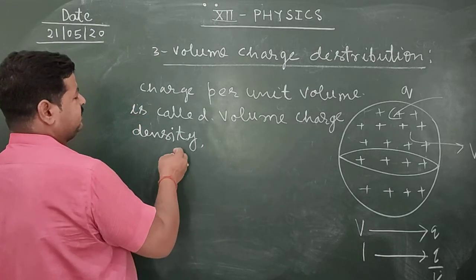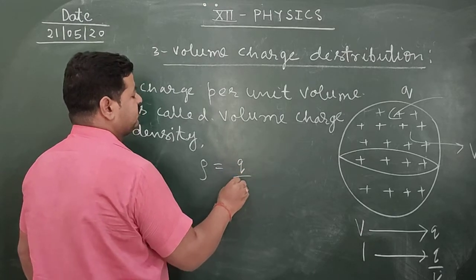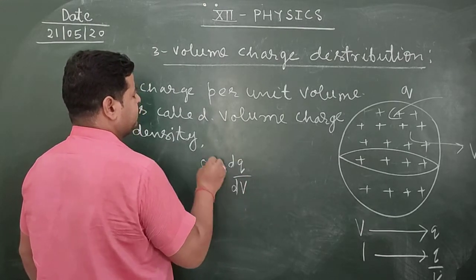So volume charge density is represented by rho. So here we write rho is equal to Q by V or dQ by dV.